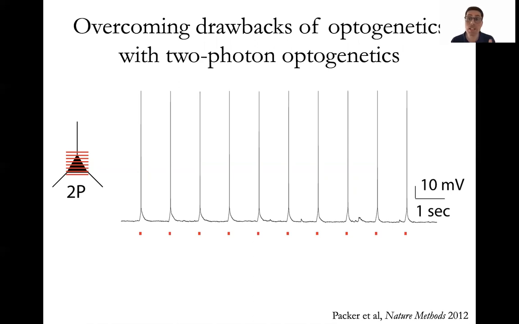The 2-photon is a little less prone to scattering. We can go a little deeper in tissue, and this inherent sectioning gives us the ability to target individual neurons even in awake behaving animals.